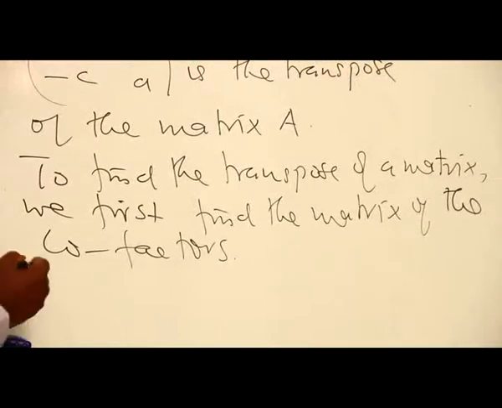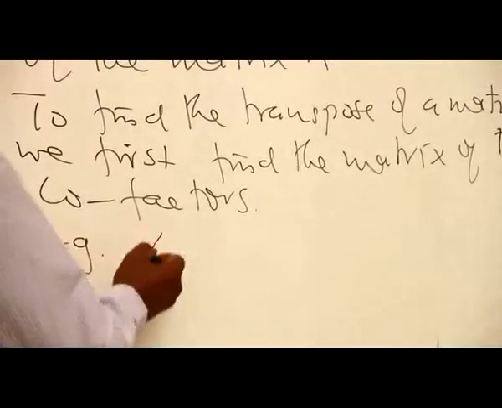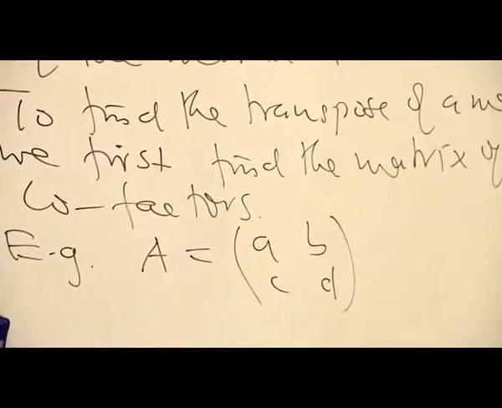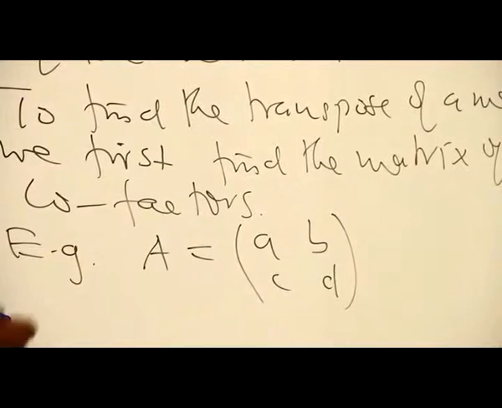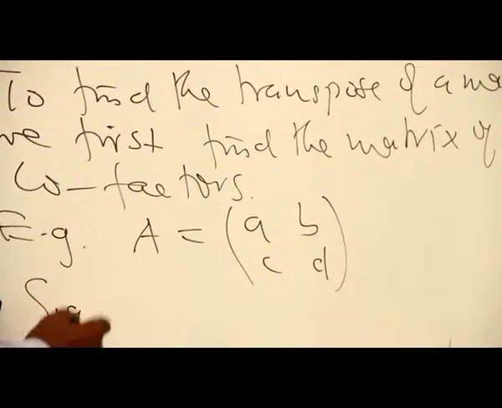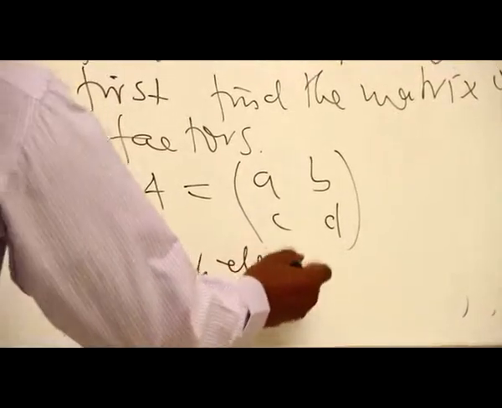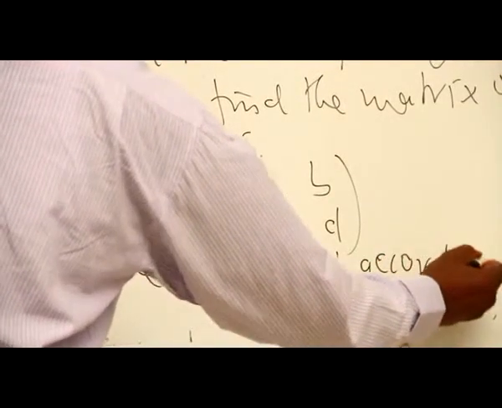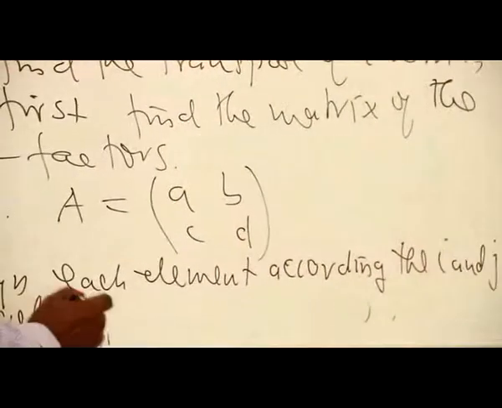Let's take, for example, a matrix A equal to A, B, C, and D. We sign each element according to the i and j rule earlier discussed.